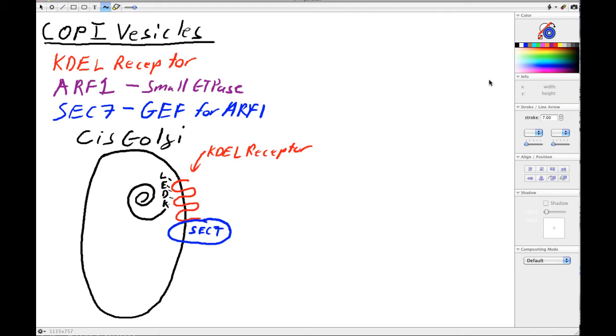So the first set of interactions that we have to deal with are the following. One, the KDEL receptor binds to the KDEL sequence.